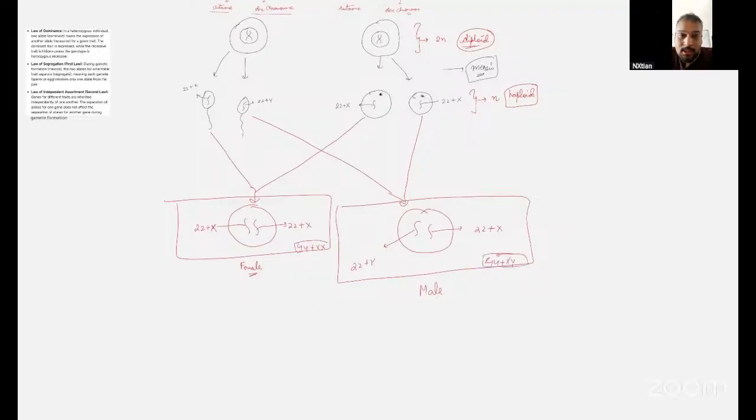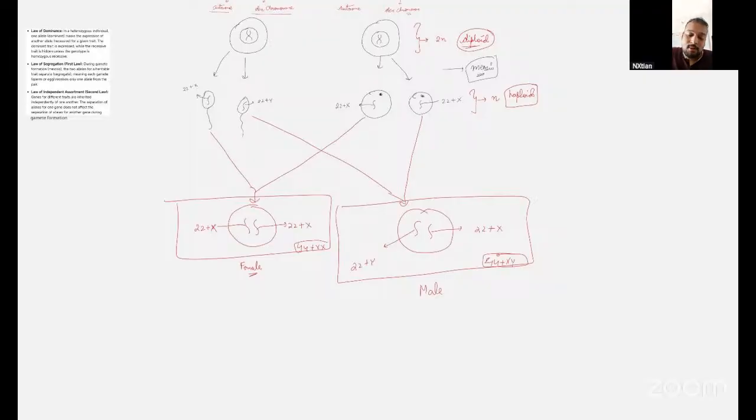The question can come: why does the number of chromosomes become half during gamete formation, or why does meiotic division happen during gamete formation? It happens so that the zygote has the same number of chromosomes as the parent cell.